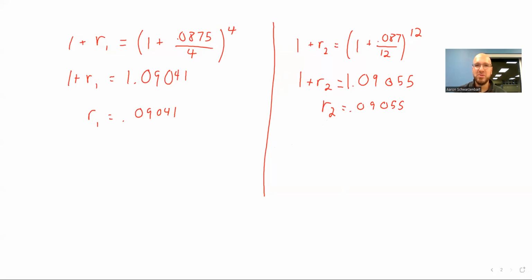Now, most interest that we have, we don't make a deposit once or let it sit and grow until we pay it off once. We do things every month or every quarter. So if you're saving for retirement, you probably don't want to make a deposit once and then let it sit and never add to it.